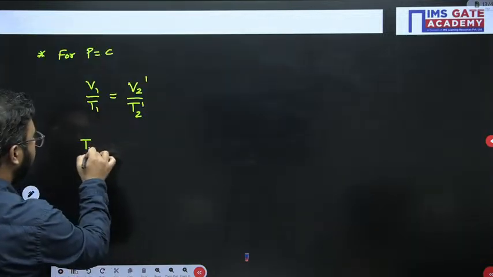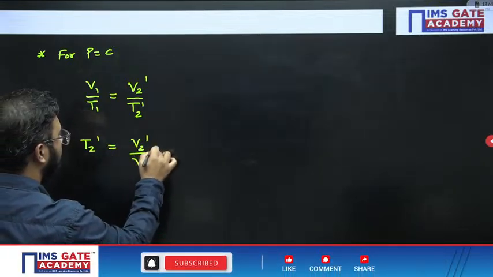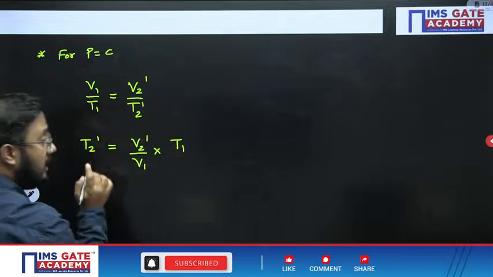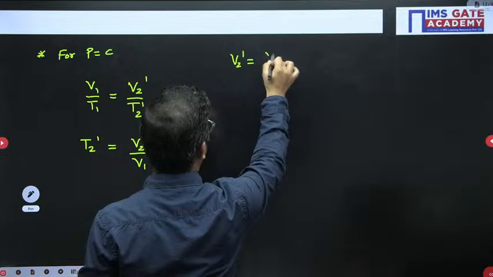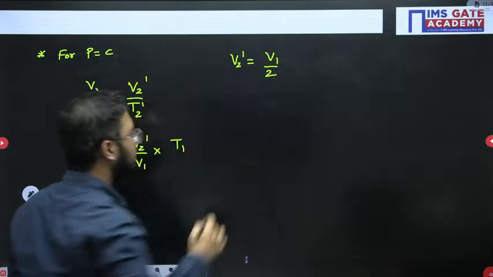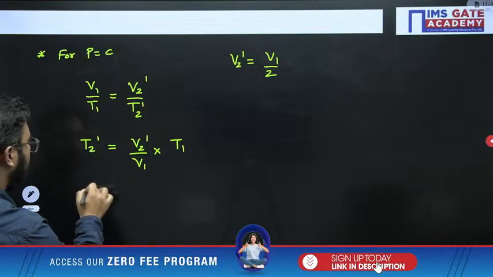It is very easy to write. So T2 dash is V2 dash by V1 multiplied by T1. As I already mentioned, V2 dash is nothing but half of V1, so V2 dash by V1 will be nothing but half.